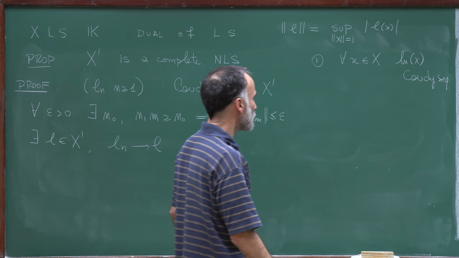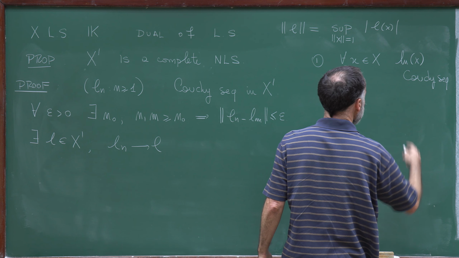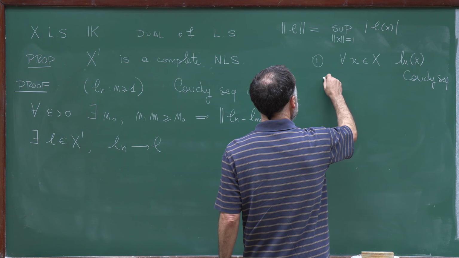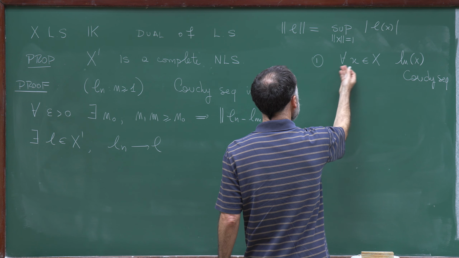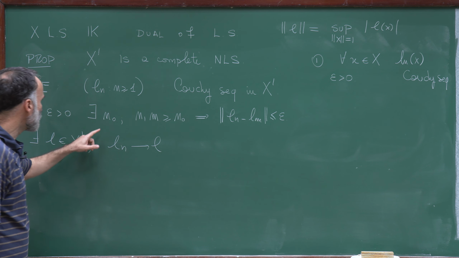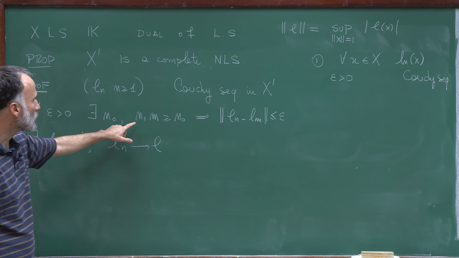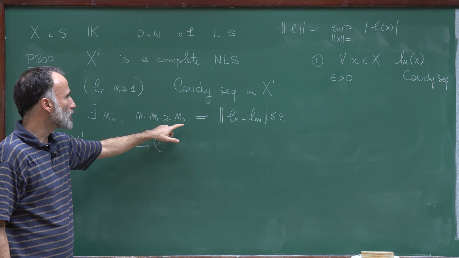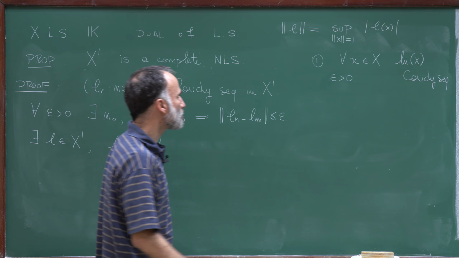So let me write down what I just said. First, I claim that this is a Cauchy sequence, so you fix an epsilon positive, where you know that there exists this n0 such that if n and m are larger than n0, then this bound holds.